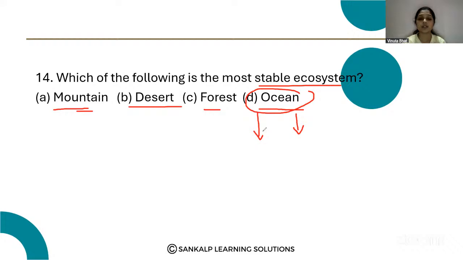But if you consider mountain, desert and forest, a small-scale change may cause a large-scale effect on the mountain, desert and forest. So which of the following is the most stable? Oceans are the more stable ecosystem.